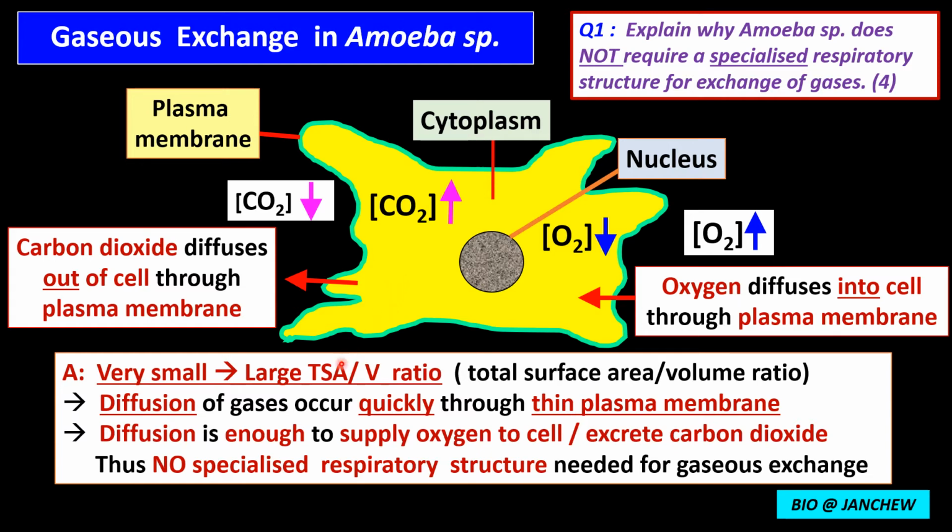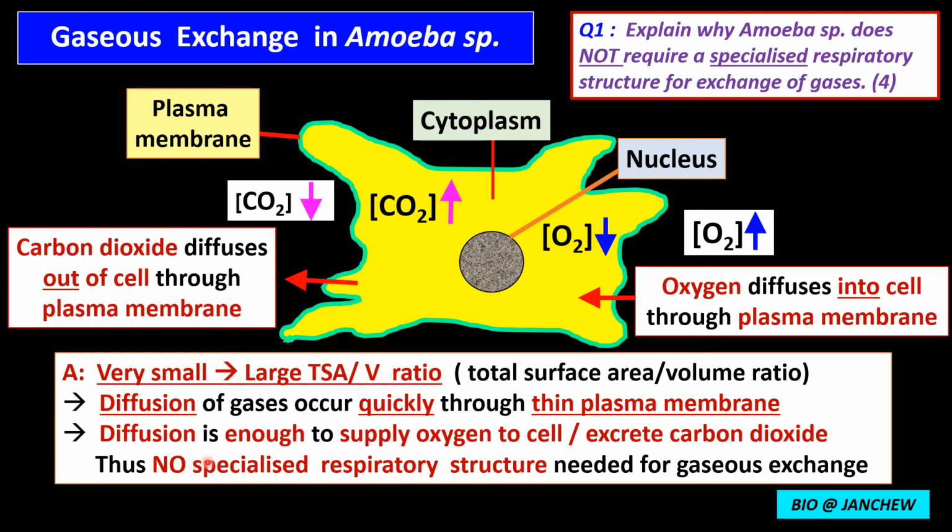And the diffusion occurs quickly enough to supply the oxygen to the cells and to excrete the carbon dioxide from the cells. It is enough to supply the oxygen for all the cells' needs, because its volume is comparatively small, meaning that the demand for oxygen is not that high, because the V is small in comparison to the TSA.